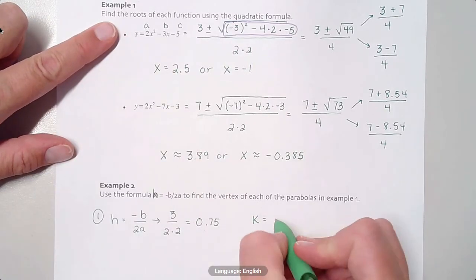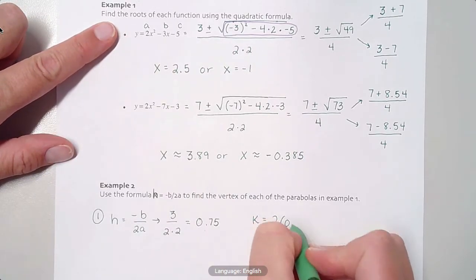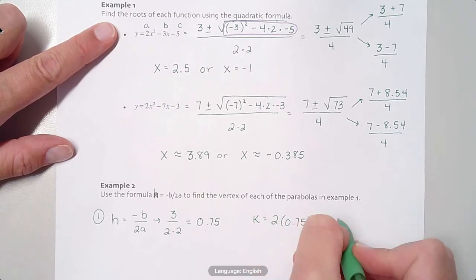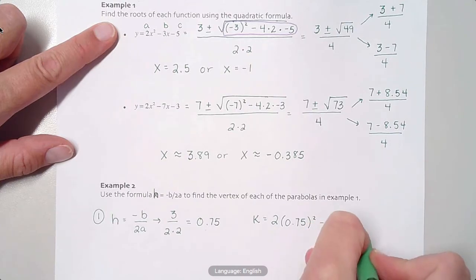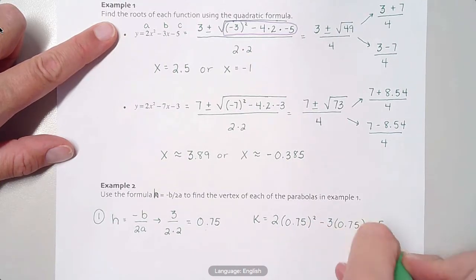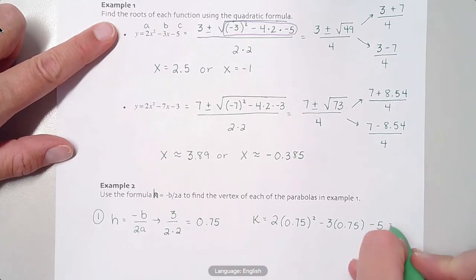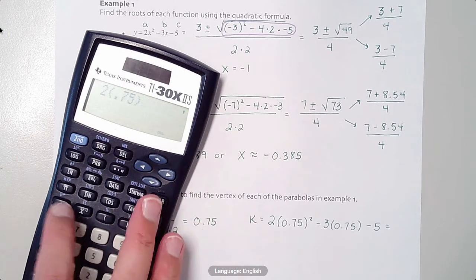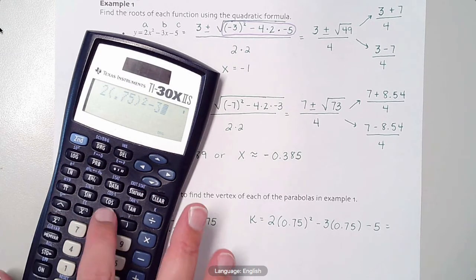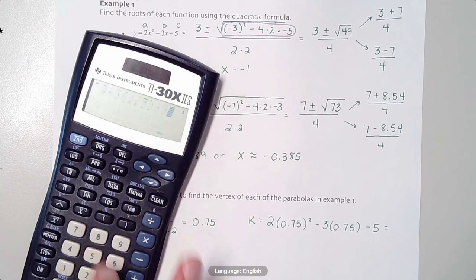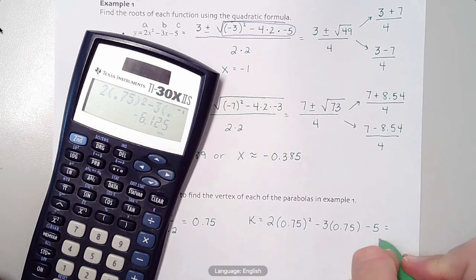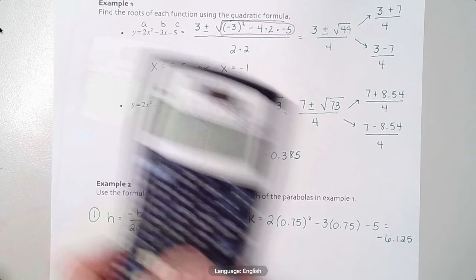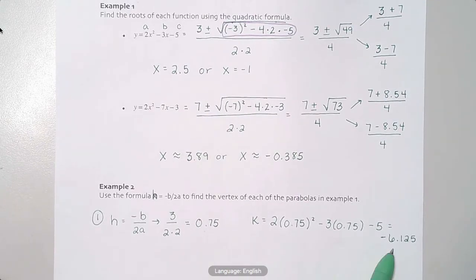So for k, I'm going to go 2 times 0.75 squared minus 3 times 0.75 minus 5. Strongly recommend a calculator here. 2 times 0.75 squared minus 3 times 0.75 minus 5. And I end up with negative 6.125. So I would write my answer then with these two numbers as a coordinate.